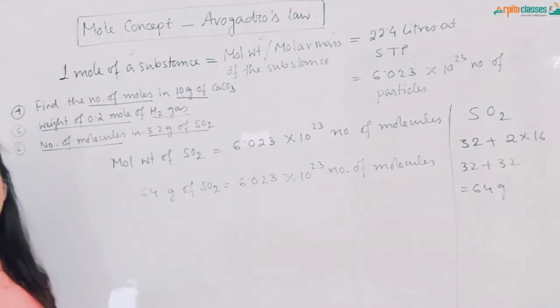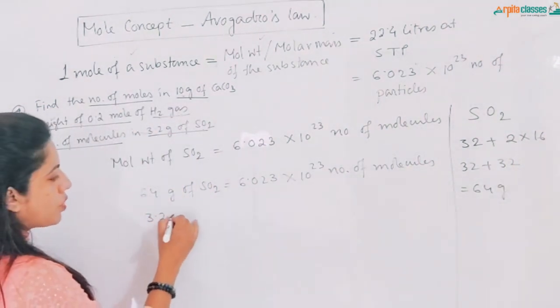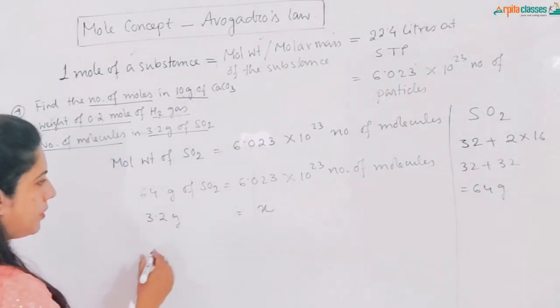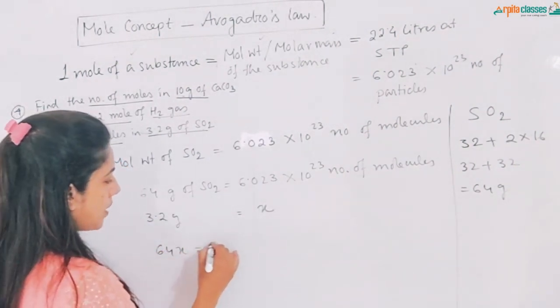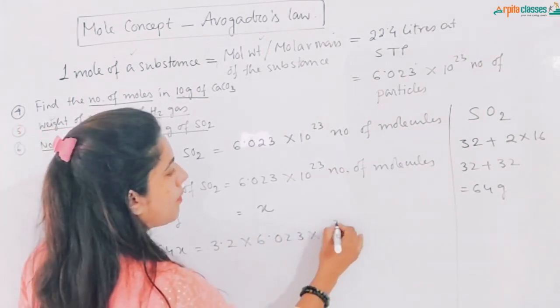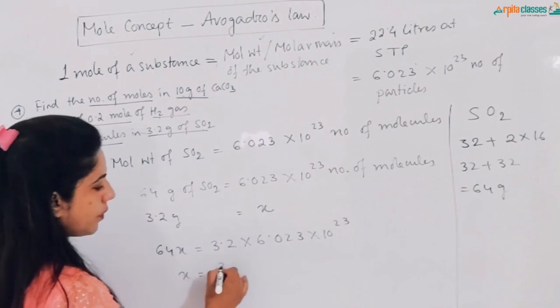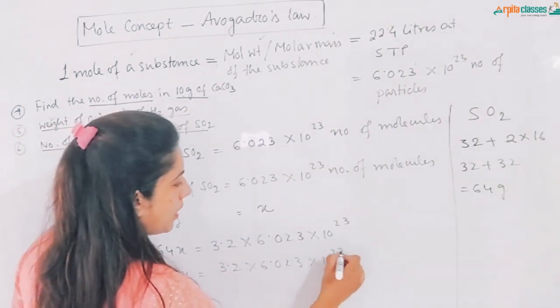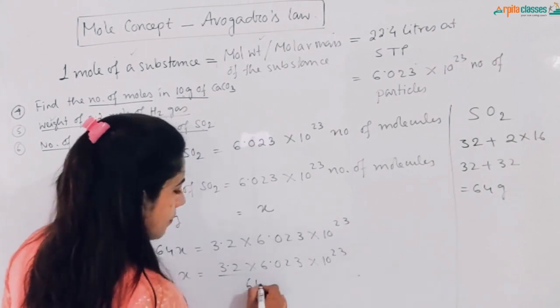Therefore, what is given? 3.2 gram. So 3.2 gram is equal to how many molecules? Now we cross multiply this, we get 64x is equal to 3.2 into 6.023 into 10 raised to power 23. Therefore, x is equal to 3.2 into 6.023 into 10 raised to power 23 divided by 64.